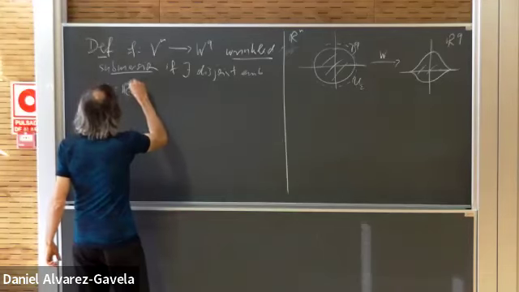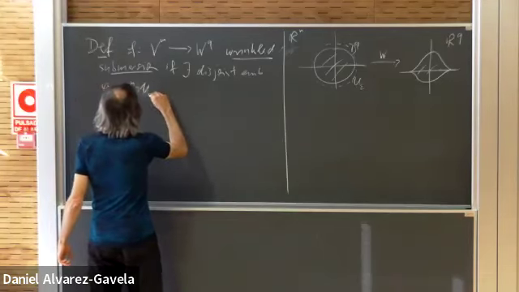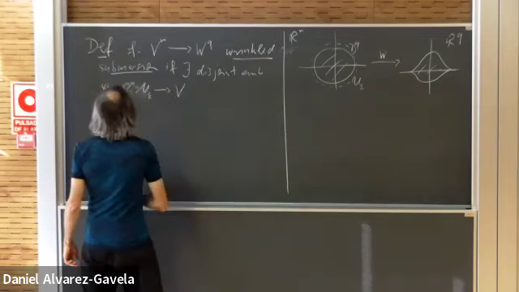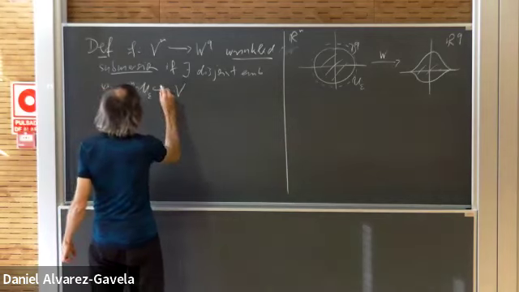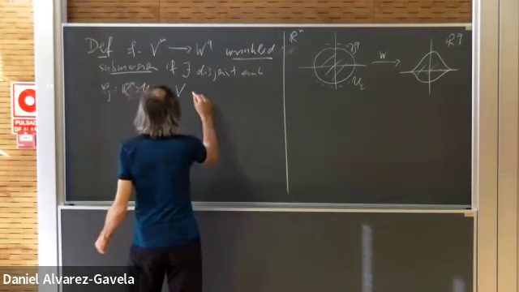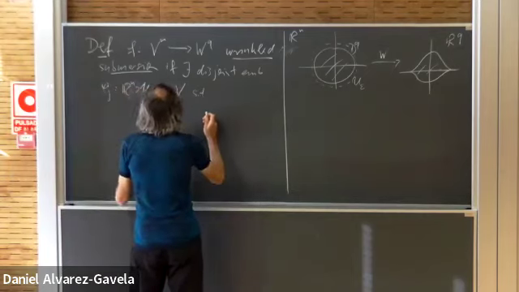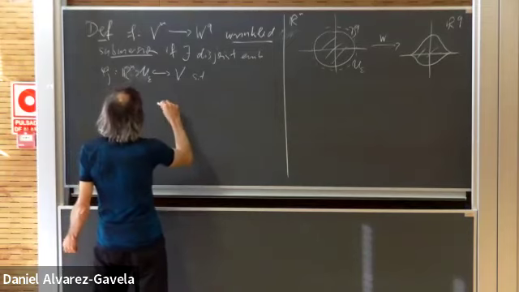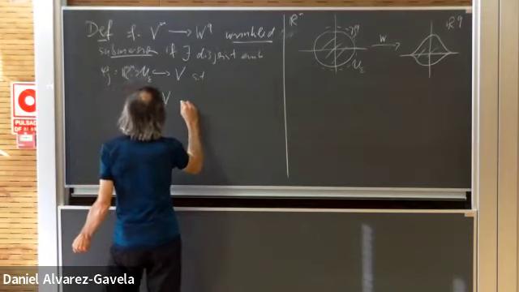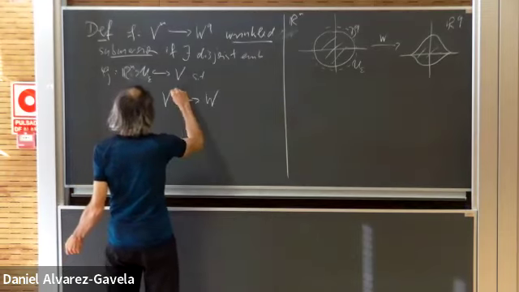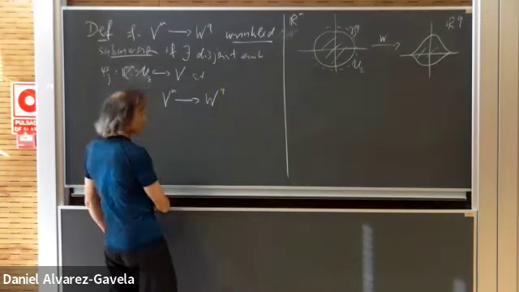So this is from these open subsets into V. Those should be embeddings such that we have the following diagram. We have F from V to W, and let me write the dimensions here so we understand what's going on.